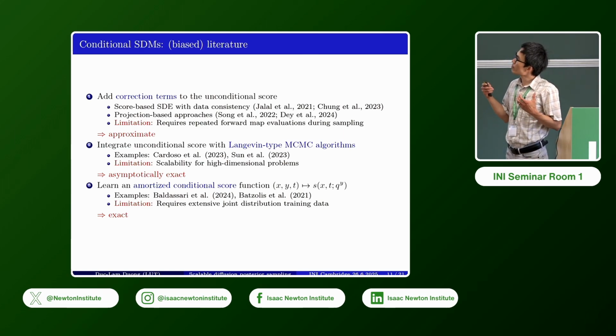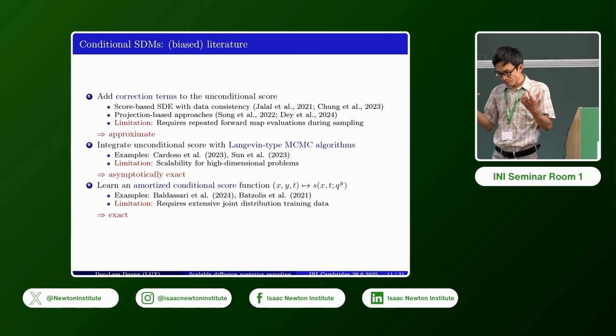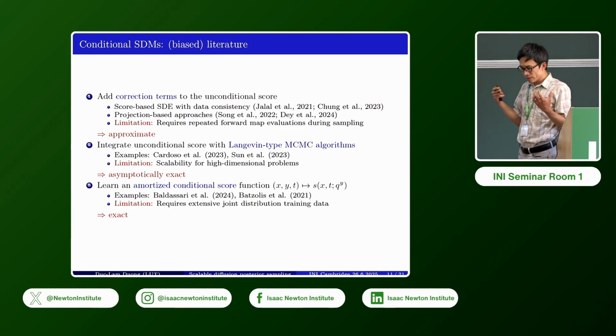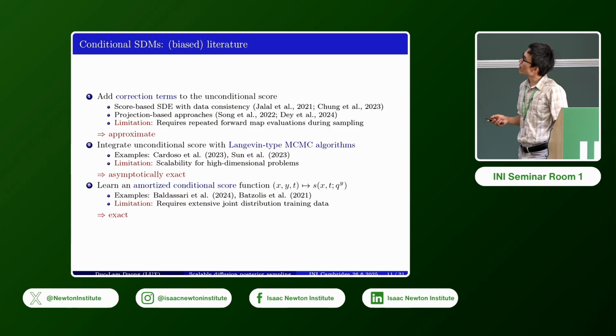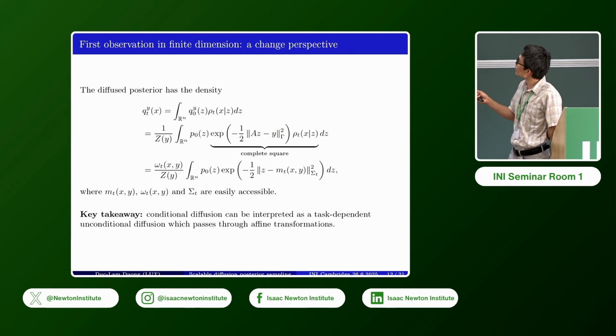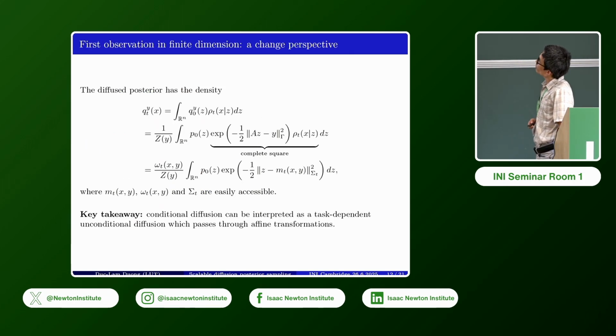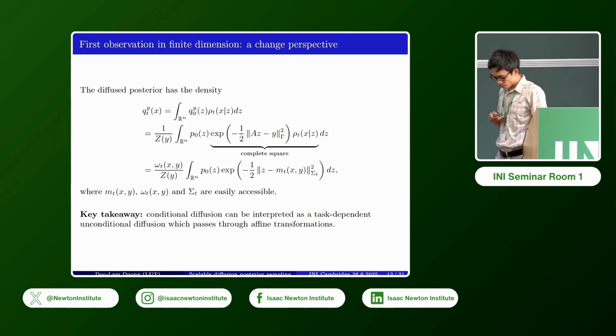So now we want to leverage this diffusion model and try to overcome some of these limitations. Now, just in finite dimension, we look at this posterior again and see what we can do here.